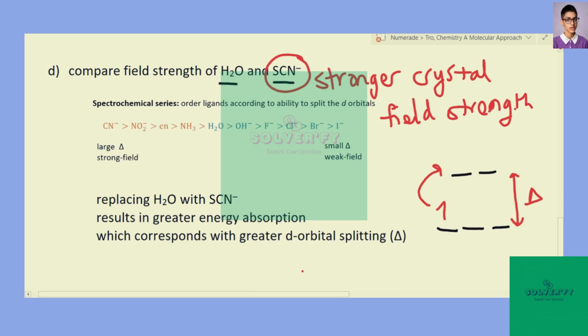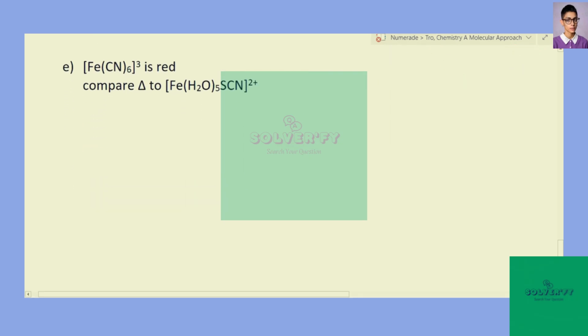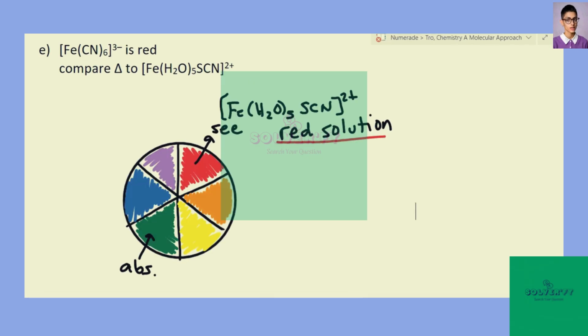And finally, we are told that this other complex, this hexacyanido complex, is red in color, and we're asked to compare its crystal field splitting energy to that of the thiocyanato complex. And for that, again, I will bring back our color wheel. We know from earlier that this thiocyanate complex is also red.